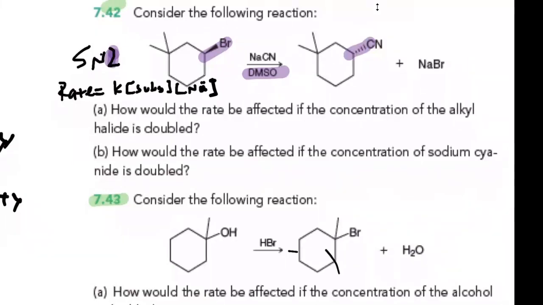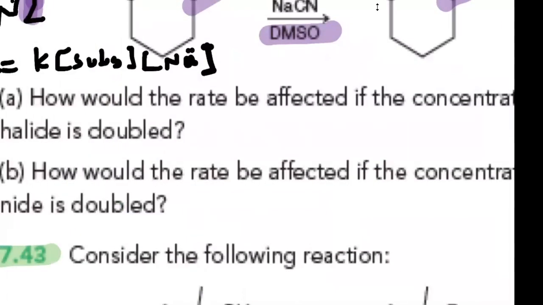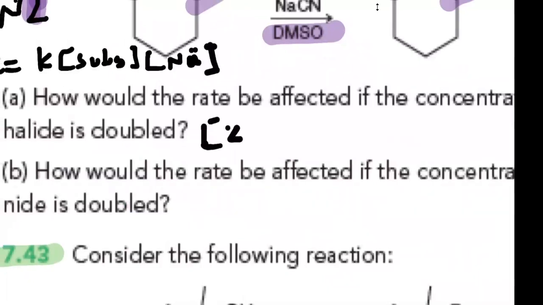Think about this, right? The concentration is understood, unless it's given, to be 1. But in this case, it's saying that you are doubling one of them, and you're keeping one constant.